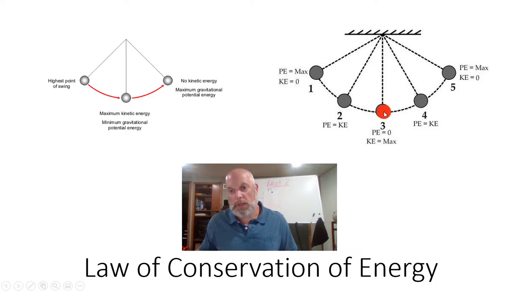And then on the way up the other side, it'll be just in reverse. Now they're equal again, and then it's back up there, max potential energy. And each time, because of friction with the air, it's going to go less and less, right? It's losing energy along the way. So it's never going to go higher there or there than what you started with.